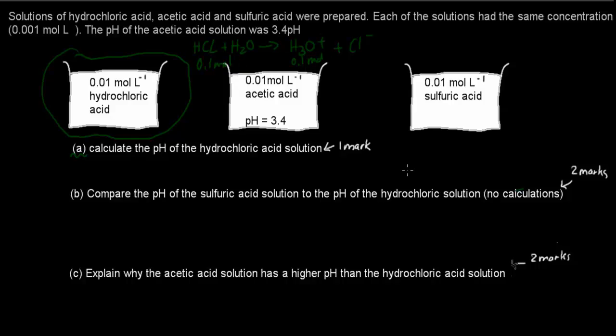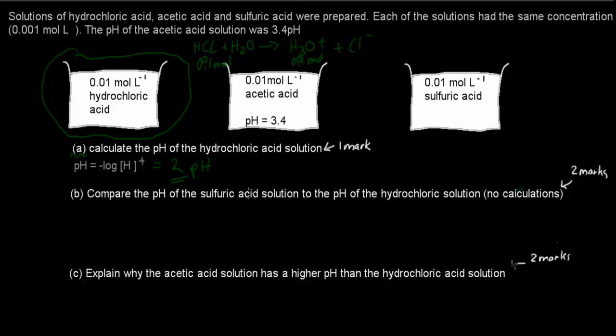Now it says calculate the pH of hydrochloric acid. So we know we've got 0.01 molar of hydrogen ions, and then we can calculate the pH using this formula here. If you type in minus log of the concentration, bracket 0.01, you will get your pH, and that should be a pH of 2.